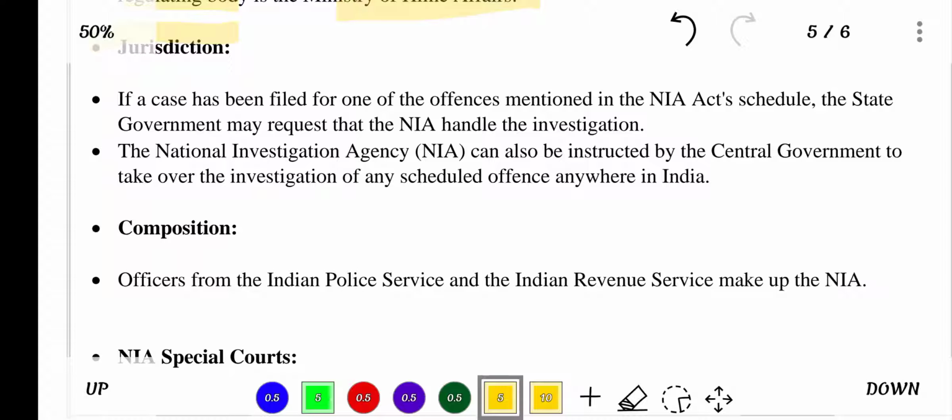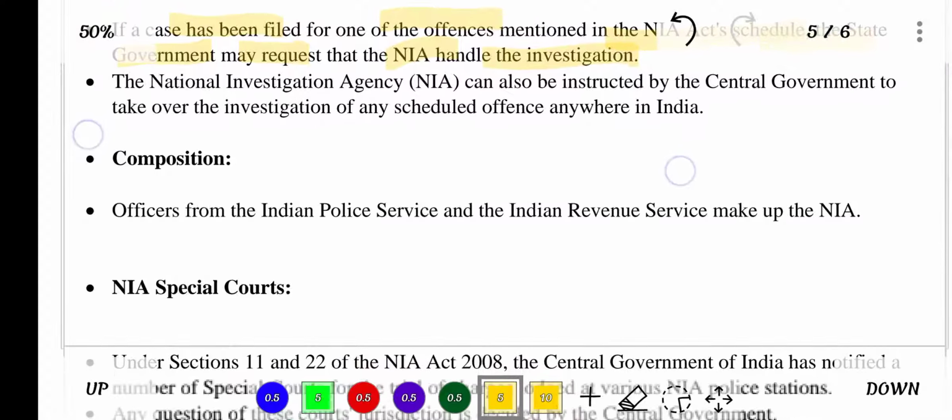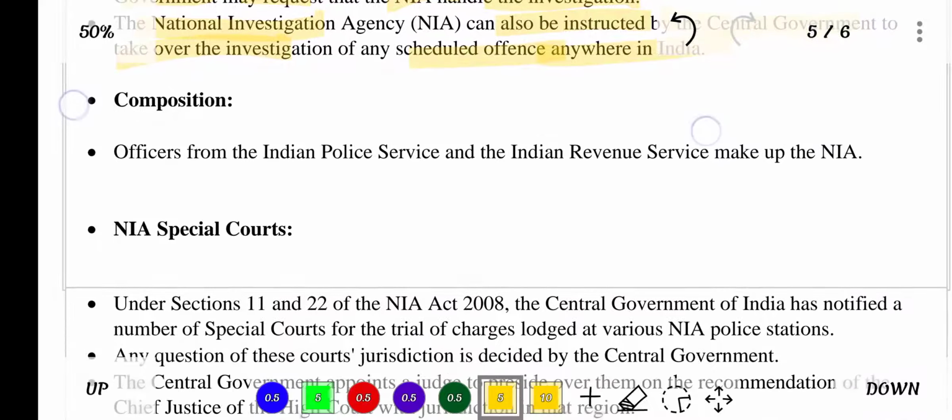Jurisdiction: if a case has been filed for one of the offences mentioned in the NIA Act's schedule, the state government may request that the NIA handles the investigation. The National Investigation Agency can also be instructed by the central government to take over the investigation of any scheduled offence anywhere in India.